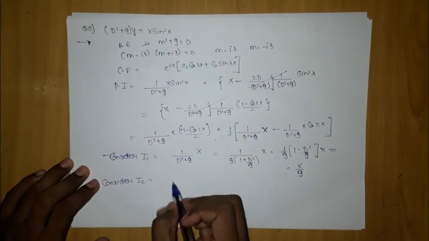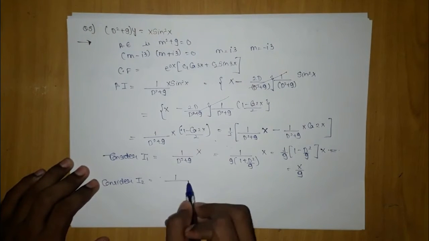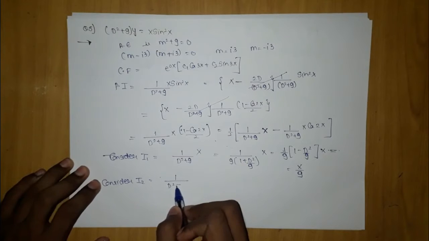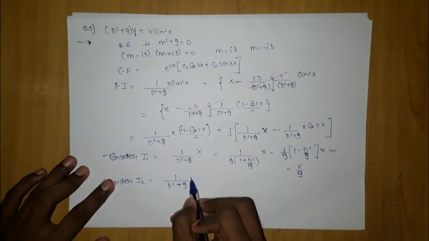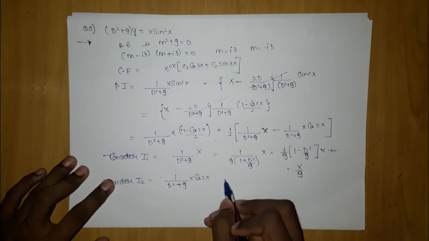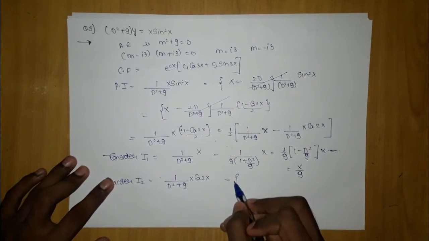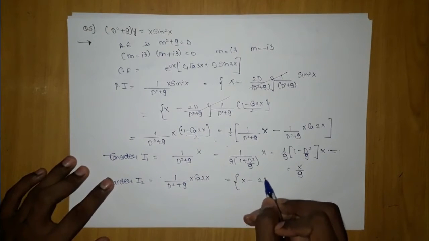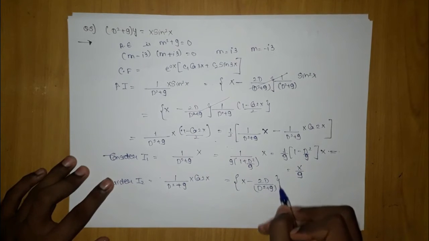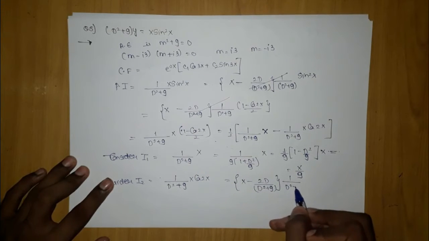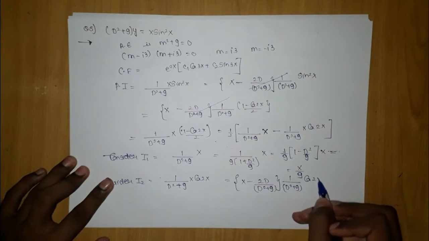If we consider I2, what we are having is minus, which we will substitute after D square, 1/(D square plus 9) into x cos 2x. Firstly, we will write it in that format. So x minus 2D/(D square plus 9), bracket 1/(D square plus 9) into cos 2x.